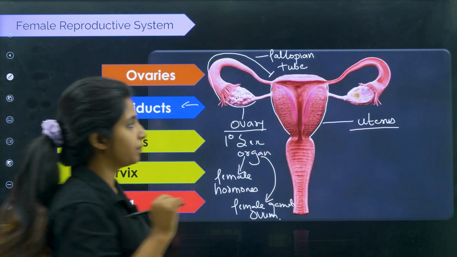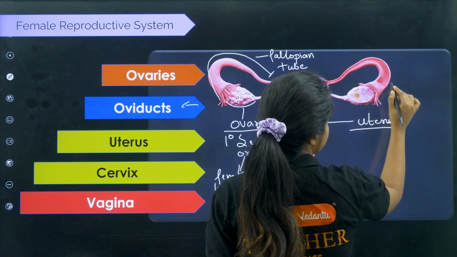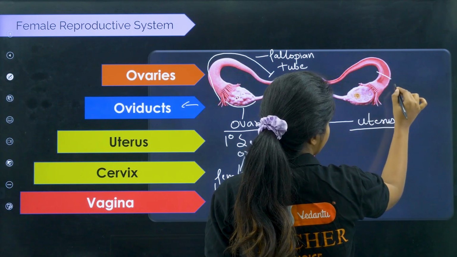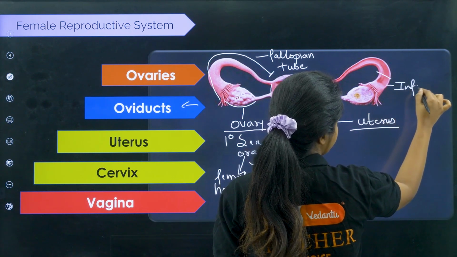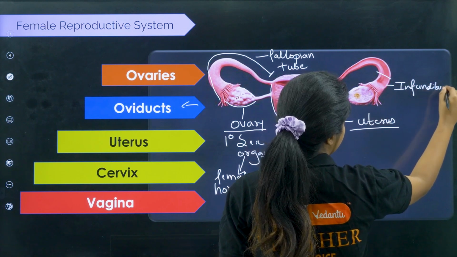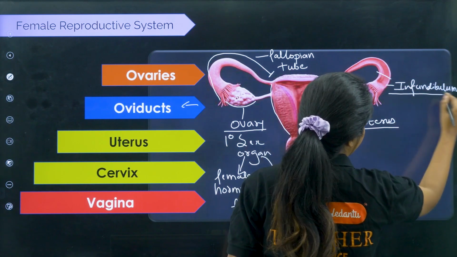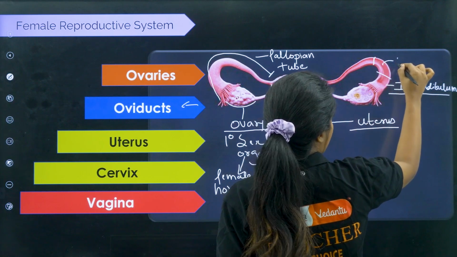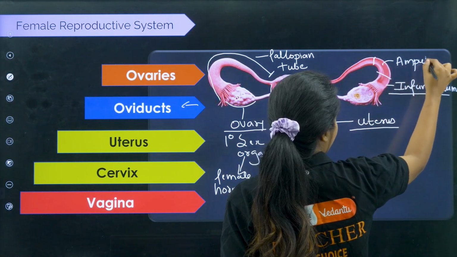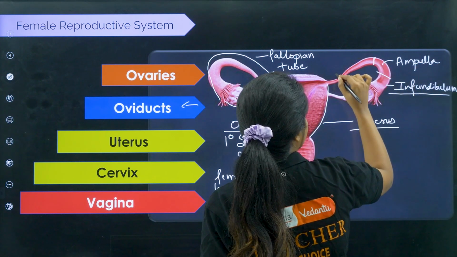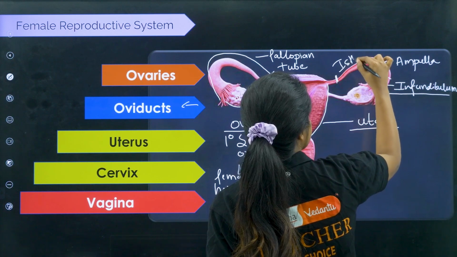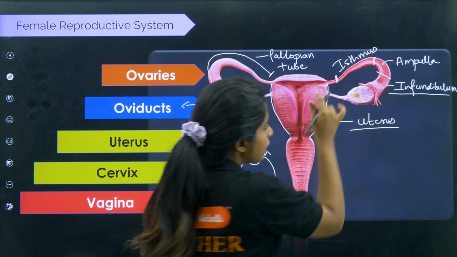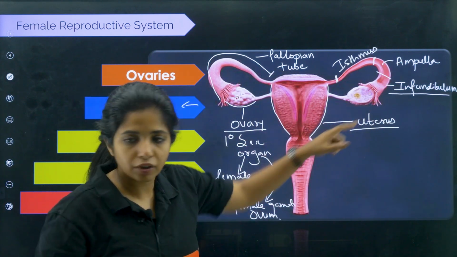Now listen to me carefully. Over here, this region of the fallopian tube is known as the infundibulum. From here to here, you have the ampulla. From here to here, you have the isthmus. And this finger-like thingy which is there is a part of the infundibulum only.